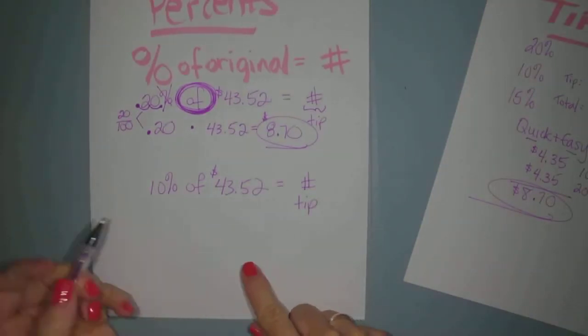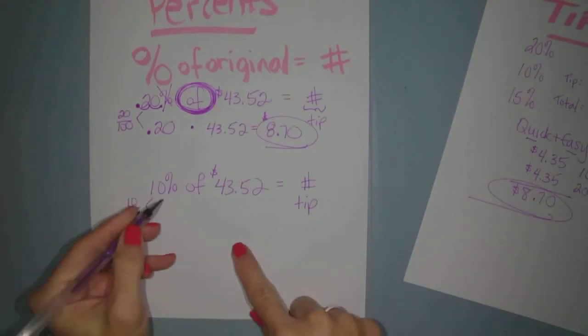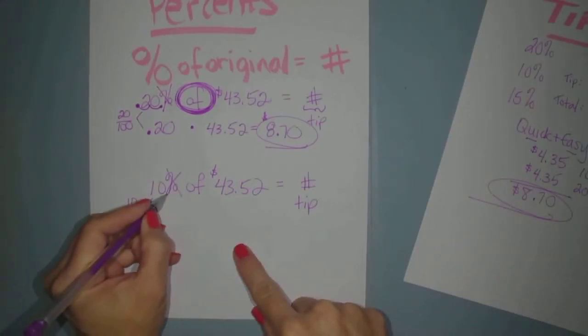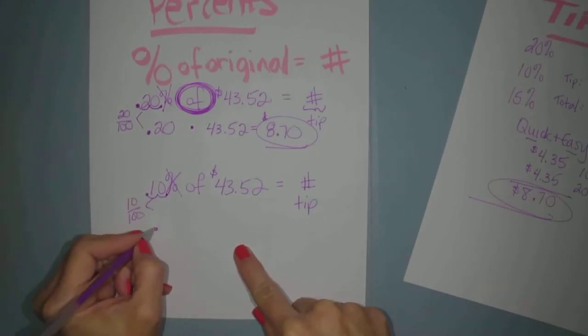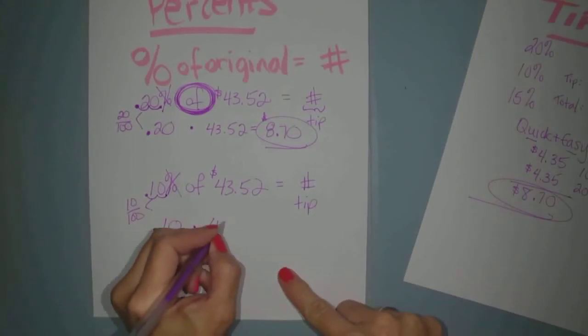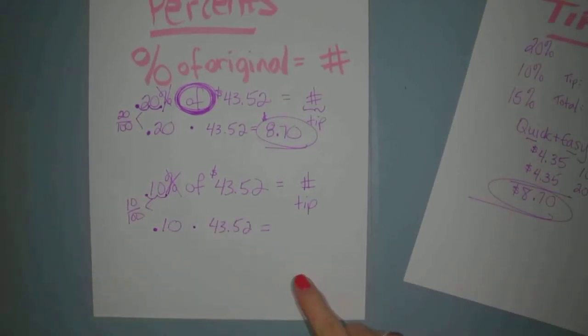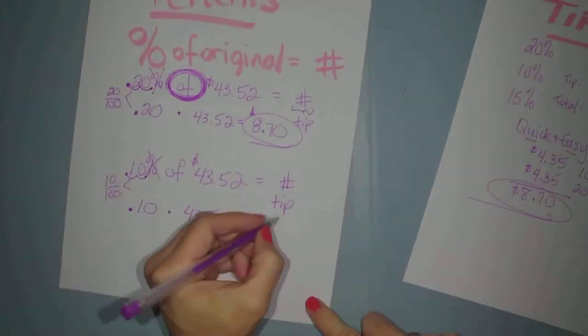So 10%, okay, that's 10 out of 100, which if we get rid of the percent sign and move the decimal 2 to the left, we're talking about 0.10. 0.10 of 43.52 equals, okay, so we just take 0.1 times 43.52, and there's our $4.35 tip.